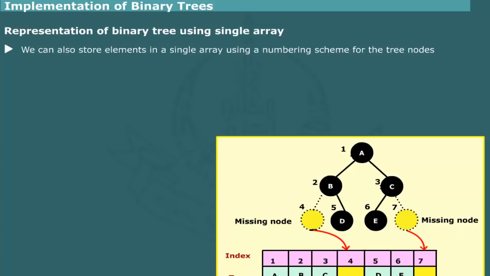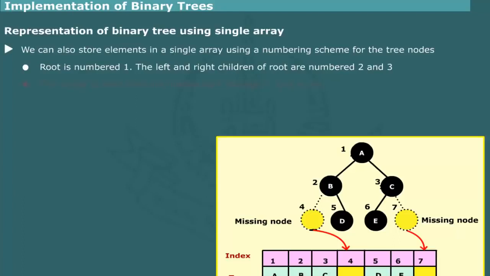The missing nodes are shown in the broken circle as shown. The nodes are numbered from top to bottom and left to right. Root is numbered 1. Its left and right children are numbered 2 and 3. The nodes at the next level are numbered 4 through 7.